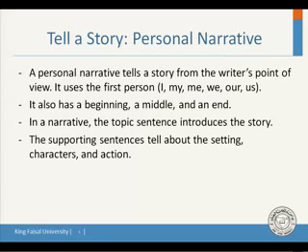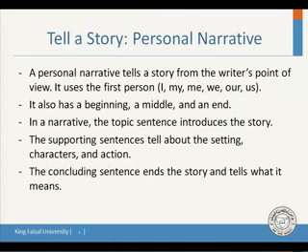The setting, place, and time, characters, and action. And I hope you remember this also from lecture 6, not from lecture 7. The concluding sentence ends the story and tells what it means. The concluding sentence is the last sentence in the story. Now we will look at these things in detail, one by one.